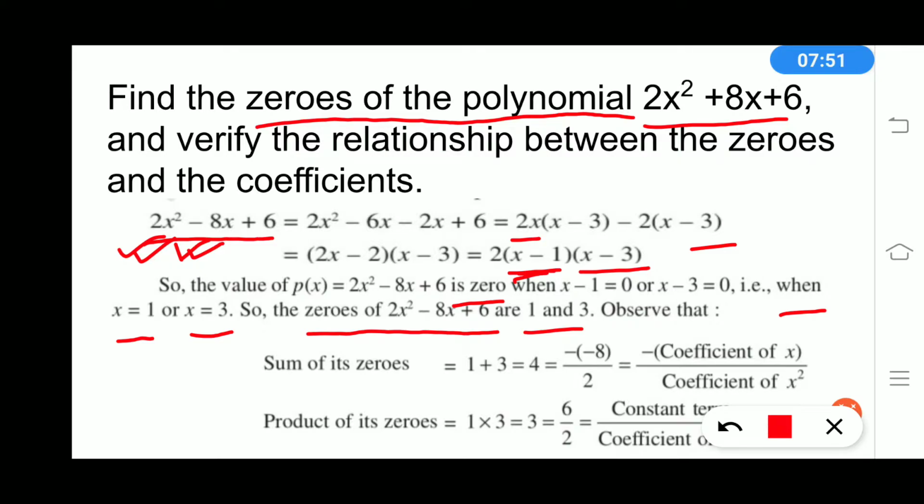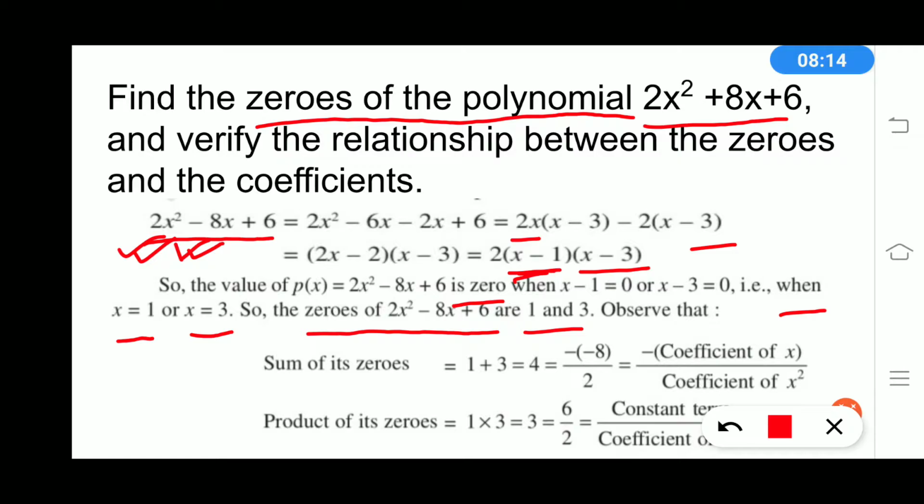Clear? So 1 and 3 are the zeros of the given polynomial. Clear? So when the question says find the zeros of the polynomial, we just factorize the given polynomial. Clear? Now the second part, the relationship between the zeros and the coefficients.